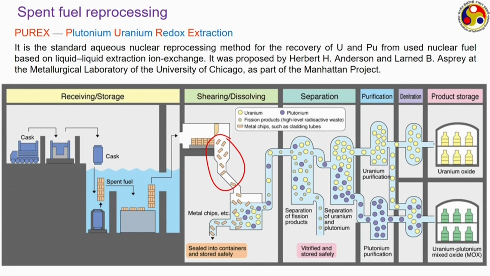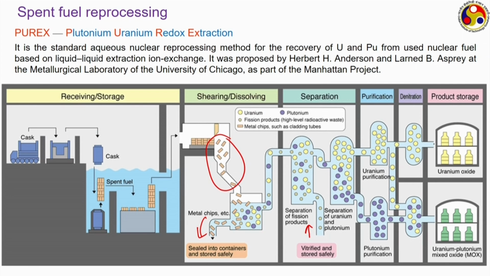These metal chips refer to the cladding material, which goes out here, and then whatever is left, the uranium and plutonium, go for the separation stage, where the fission products are separated and only uranium and plutonium remain. So, this is the step where all those long living fission products are separated out from the uranium and plutonium, that is the remaining fuel.